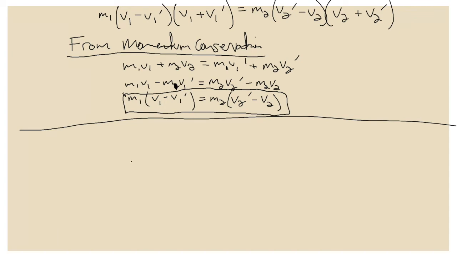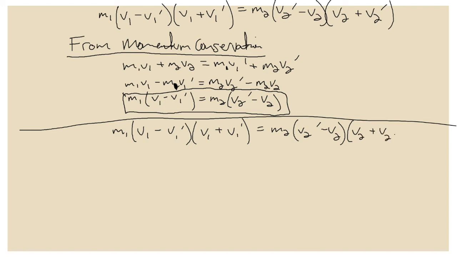And so I'm just going to go ahead and rewrite that one more time so we can show it. m1 times v1 minus v1 prime, and then we have to multiply it also by v1 plus v1 prime, equals m2 times v2 prime minus v2, and then times v2 plus v2 prime over here.